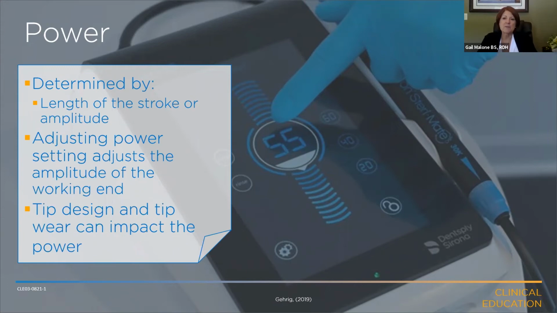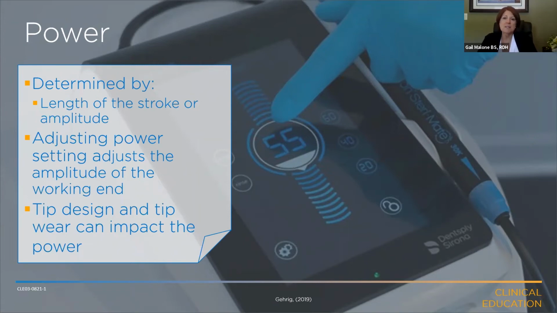So what this means from a clinical perspective is that in order to achieve the same level of performance, different power settings are going to be required for different tips. Therefore, clinicians should expect to make adjustments to the power setting for the tips that they're utilizing in practice during patient treatment.